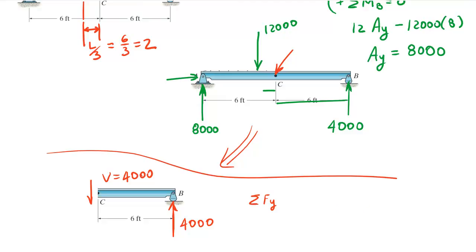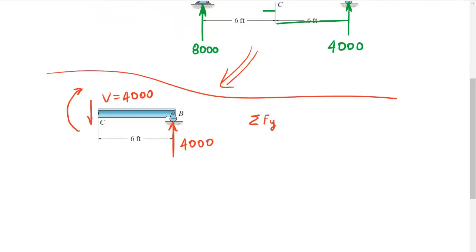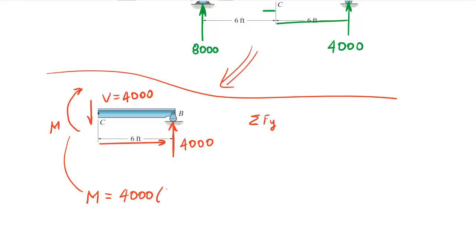So I have to have a moment here as well. If I offset that moment so that it's dead still, that moment has to be equal to 4,000 pounds times the 6 foot across, or 24,000 foot-pounds.